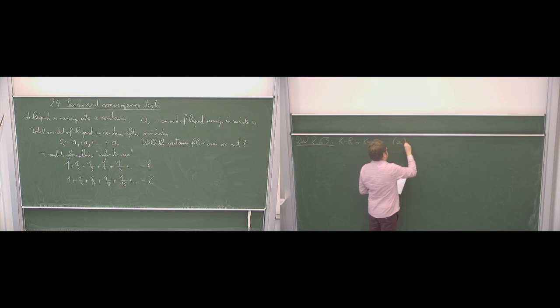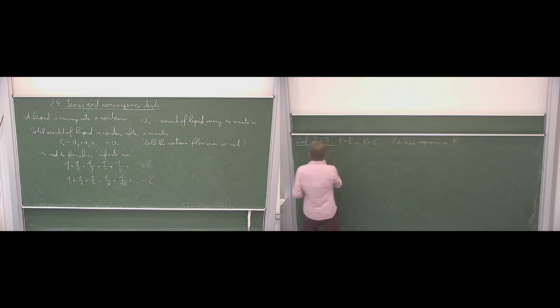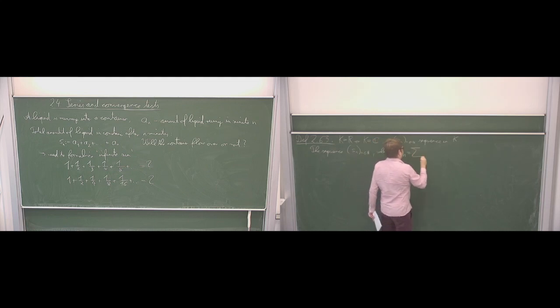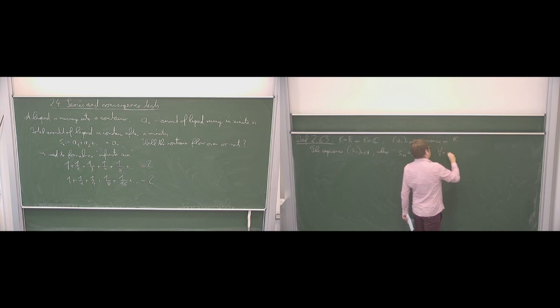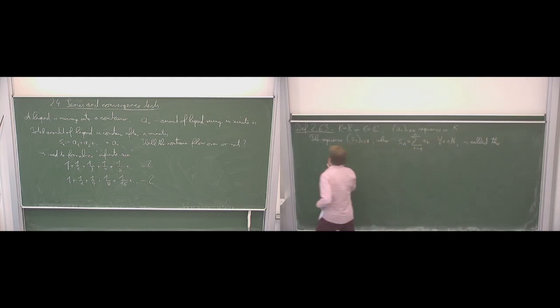And we let a_n be a sequence in K. Then the sequence S_n, where S_n is simply the sum of the first n elements of the sequence, so the sum from k equal to 1 to n of a_k for all n in N, is called the series of a_n.